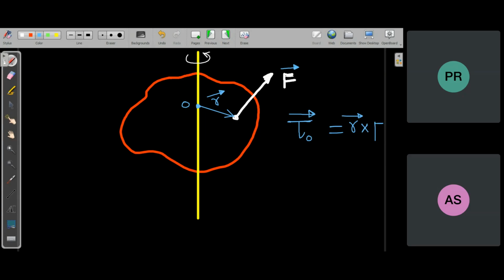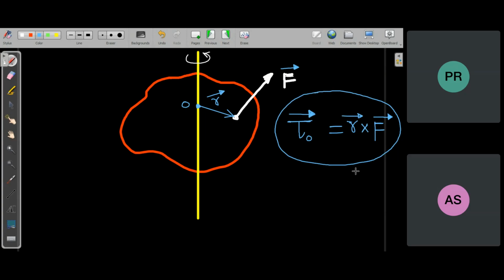Now in 3D you can imagine F can be in any direction. The body is a 3D body. F can be in any direction. Torque about O will always be perpendicular to R vector and F vector. Here you have to understand that the direction of torque about the point O is not necessarily along the axis.